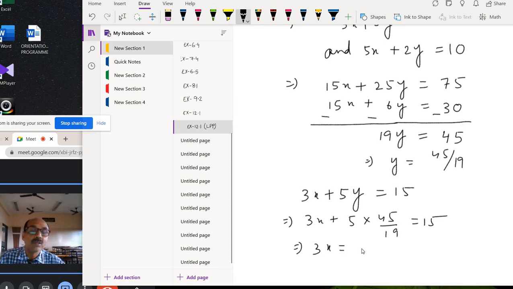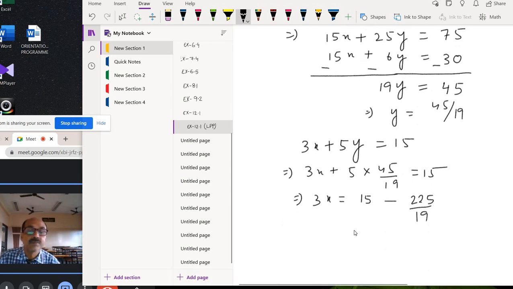So 3x + 5 times 45/19 = 15. So 3x = 15 minus 225/19. Taking 19 as the LCM, 19 into 15 is 285, so 285 minus 225 equals 60 by 19.